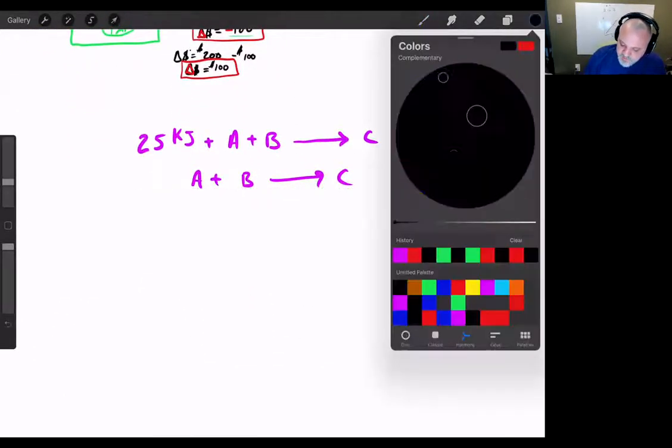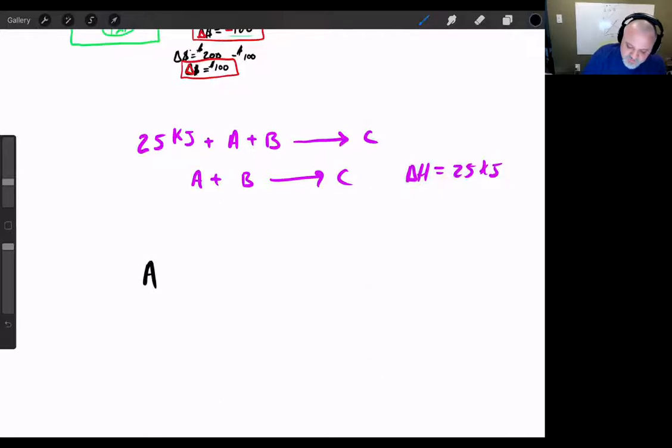The other way to do it is, if this is in the case that energy is absorbed, which means it's endothermic.